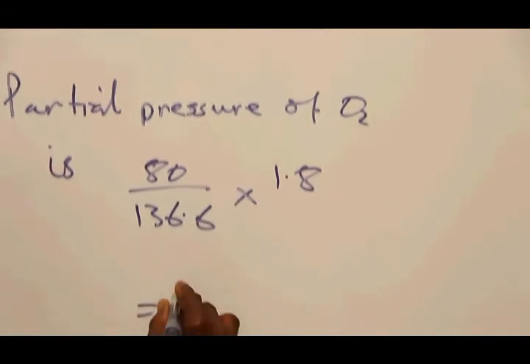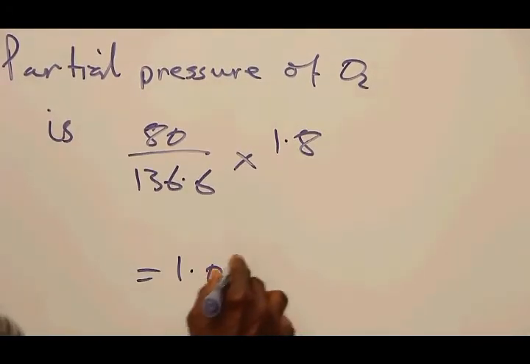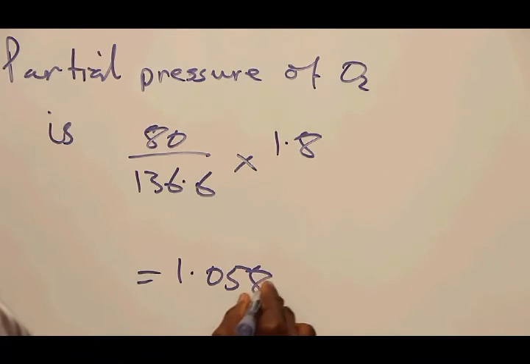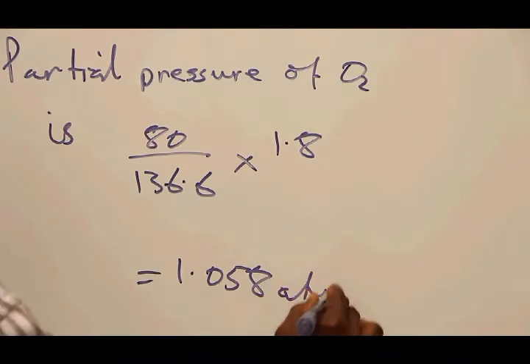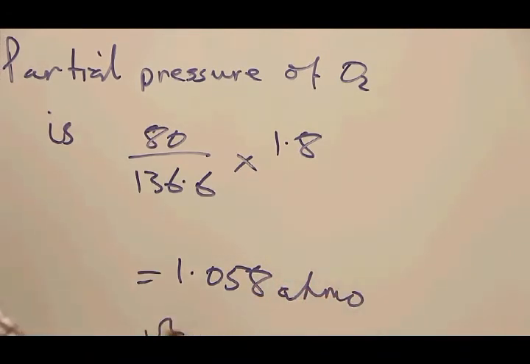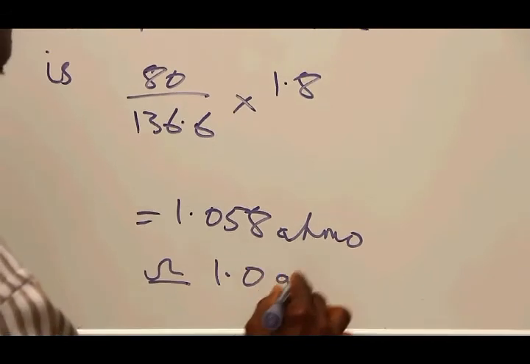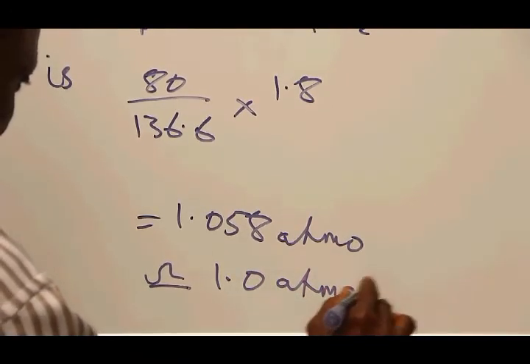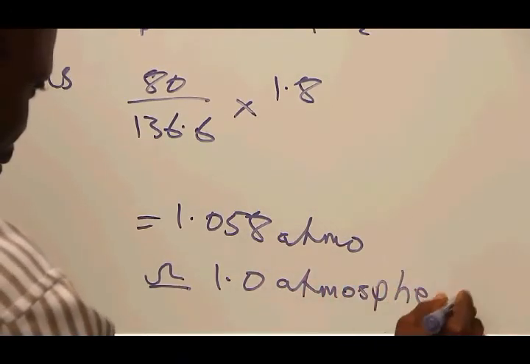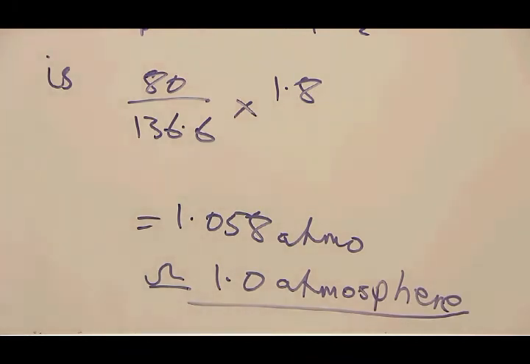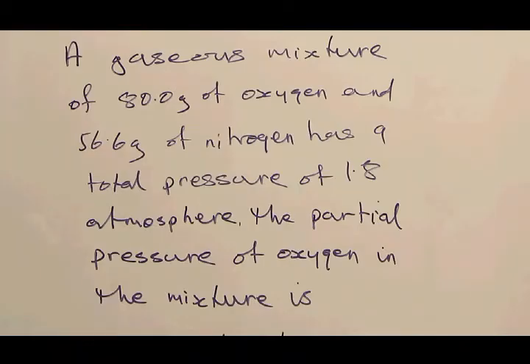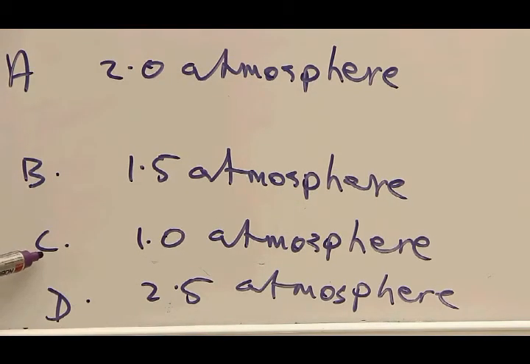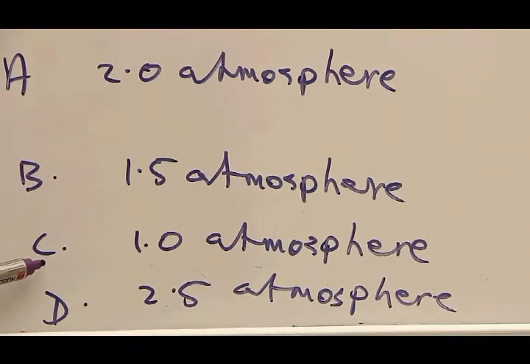And this gives us 1.058 atmospheres, which will approximate to 1.0 atmosphere. The partial pressure exerted by oxygen is C, 1.0 atmosphere.